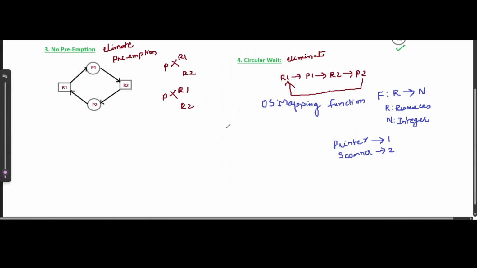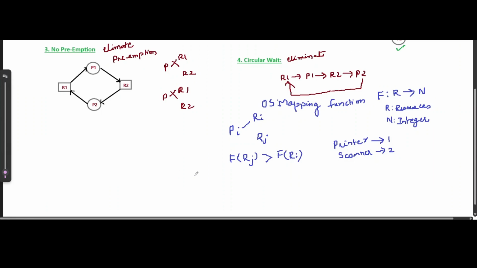If a process Pi is holding a resource Ri and it is requesting for Rj, it can request for Rj only when this condition is satisfied. What is that condition? Function of Rj is greater than function of Ri.